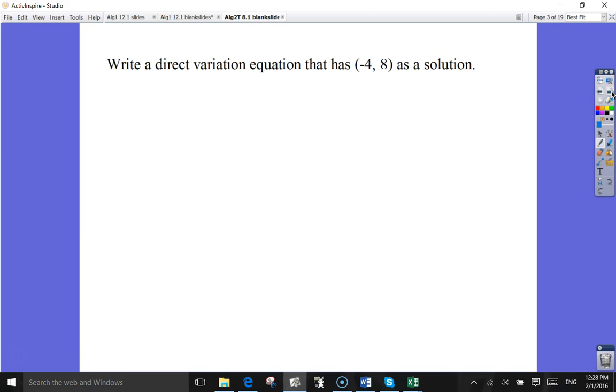So write a direct variation equation that has (-4, 8) as a solution. Okay, well, let's see. The direct variation is, as we said before, y equals kx. Now, if I compare that to mx plus b, what I can tell is that this is a linear relationship, right?